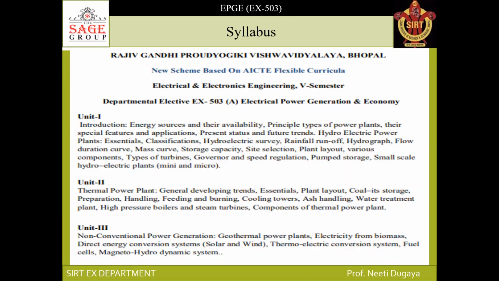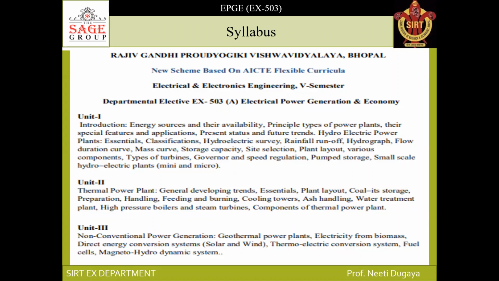In unit 1, we'll be studying the introduction to the energy resources and their availability, principal types of power plants, their special features and application, present status and future trends. And the hydroelectric power plant we are going to study in detail in unit 1.